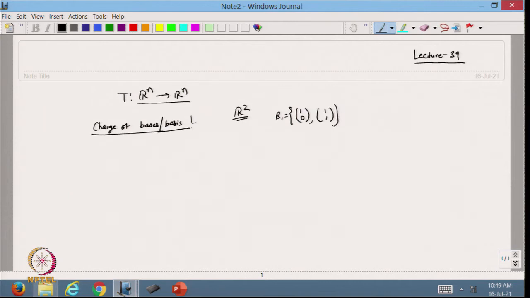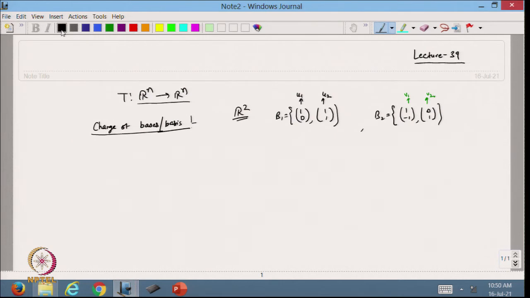Let us call them U1 and U2. Now I take another basis B2, suppose I take (1, -1) and (0, 1), and I call these V1 and V2.